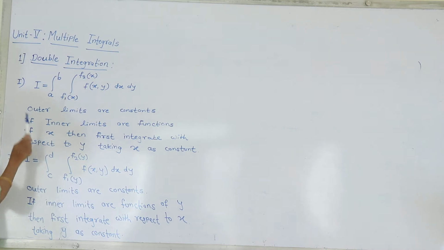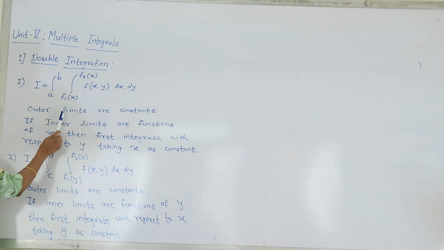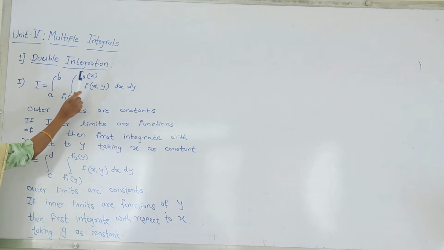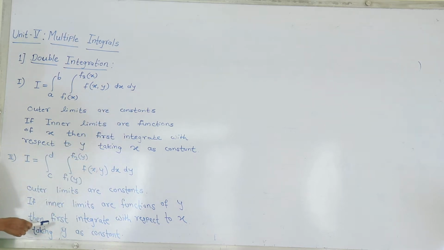Now the first type of integration is I equal to the integral with outer limits from a to b and inner limits being functions of x, that is f1(x) to f2(x), of f(x,y) dx dy. That means outer limits are always constant.